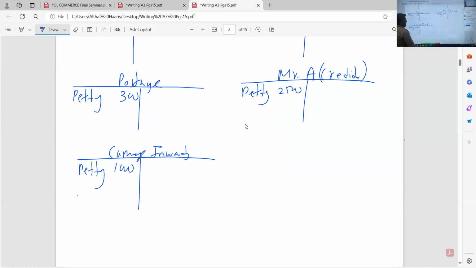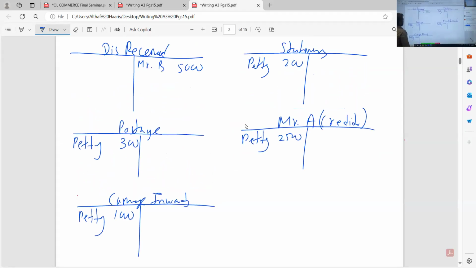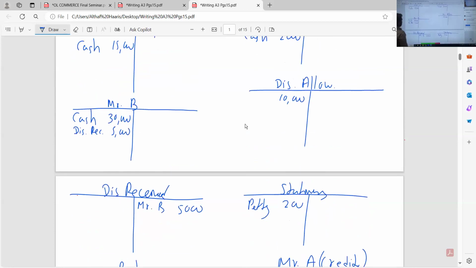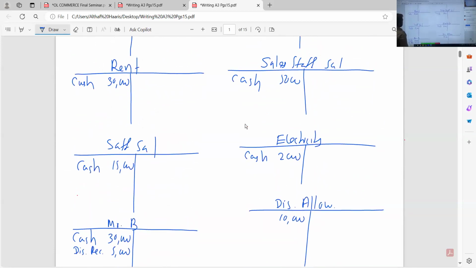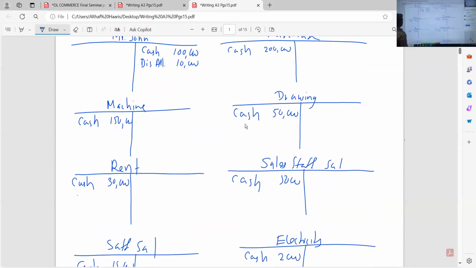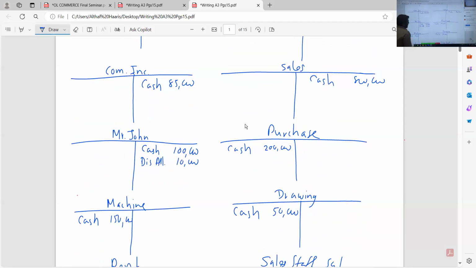So here we had the purchase account. Where is that? Here. 110,000. Creditors.